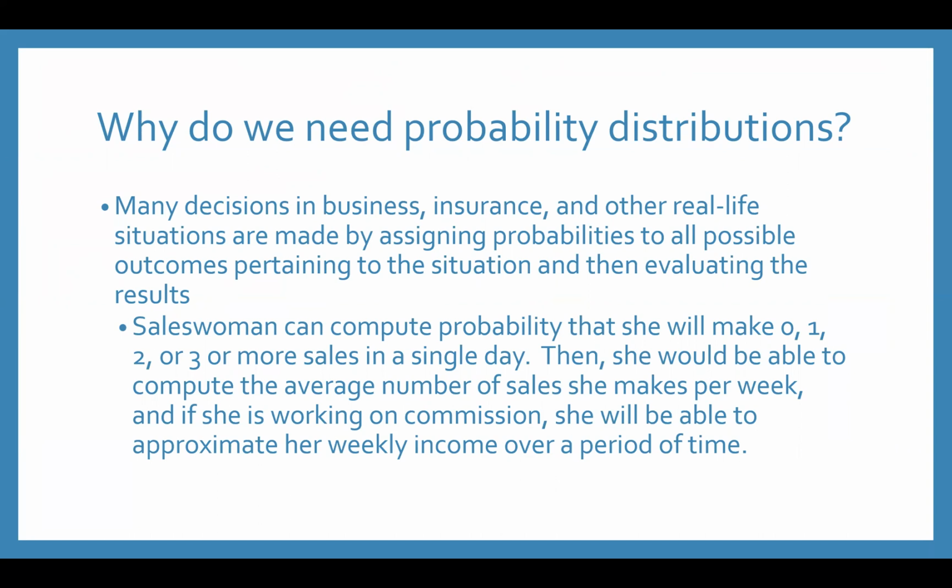One example can be a salesperson who can compute the probability or the chance that she's going to make 0, 1, 2, or 3 or more sales on a single day, or she could look at it in a single month. And then she'll be able to compute her average number of sales per week, and if she works on commission, she can figure out how much her weekly income is going to be.